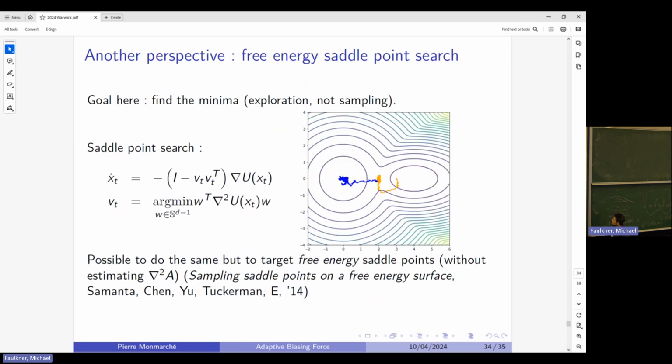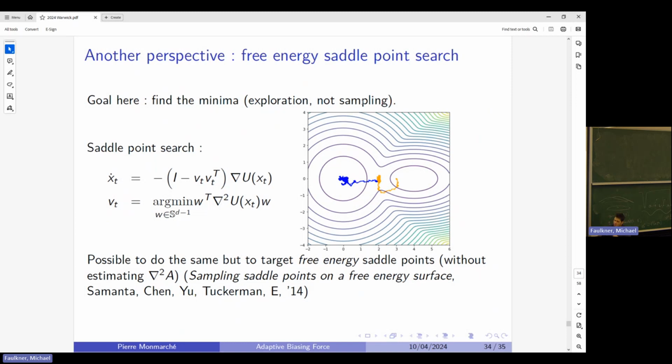And this is the last one: instead of sampling the free energy, you can just try to explore it, just to find the modes. We forget about being statistically relevant. You just want to find the modes, and you can find free energy saddle points, and then you can switch between gradient descent, Langevin dynamics, and noisy saddle point search, just to try and find the modes.